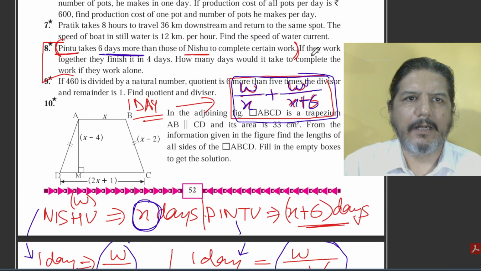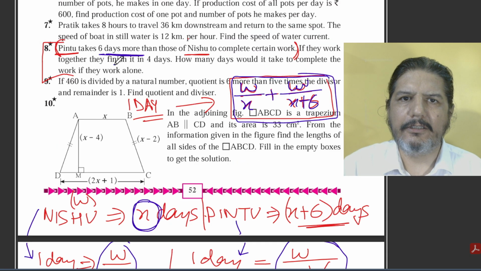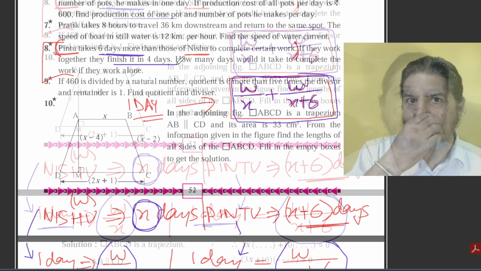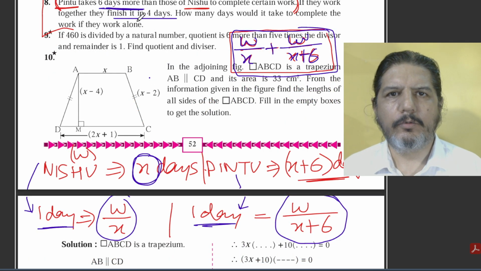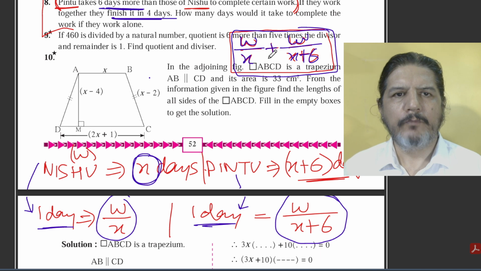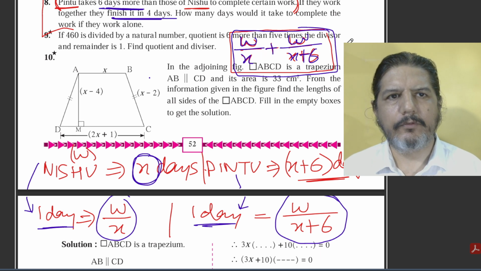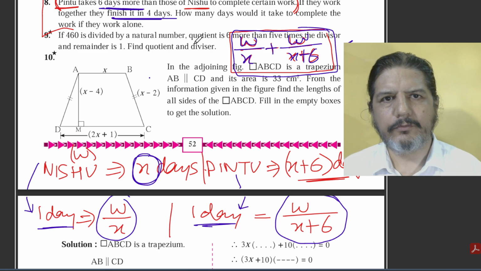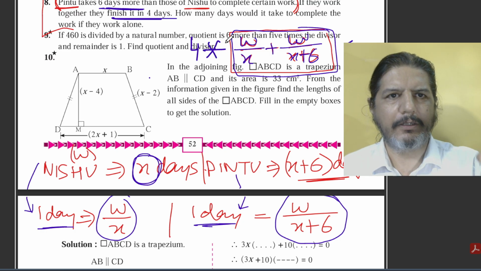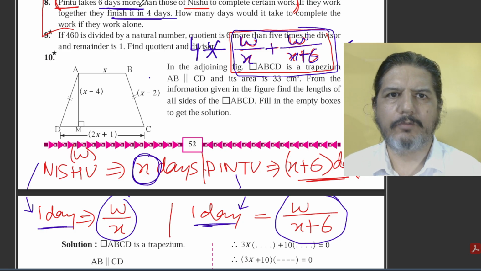Now let's go to the second line. If they work together, they finish it in 4 days. So in one day, they have finished W by X plus W upon X plus 6 of the work. In 4 days, they would have finished 4 into (W upon X plus W upon X plus 6) of the work.